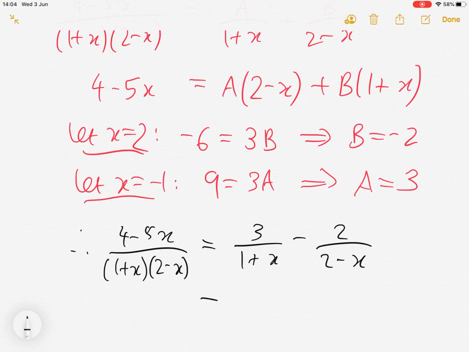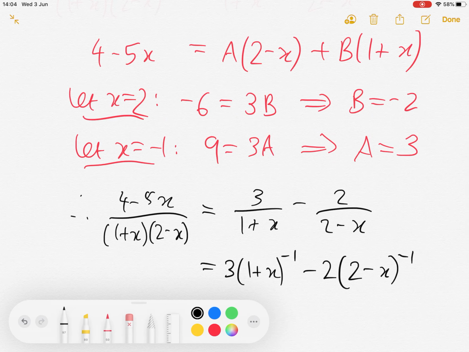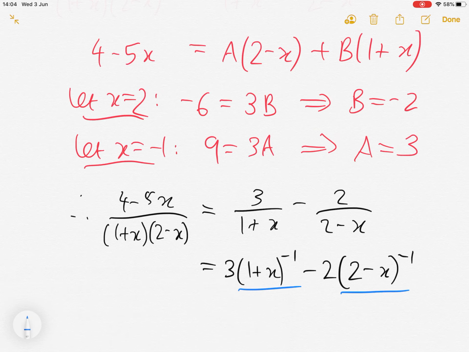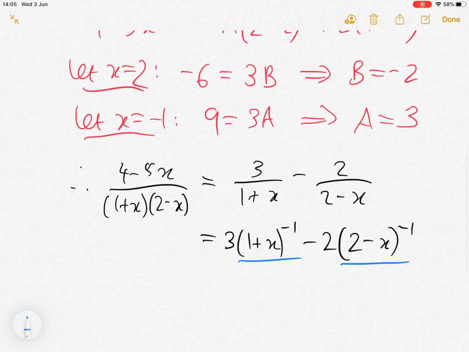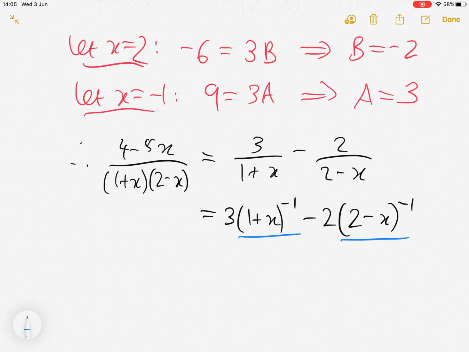So now we can use the binomial theorem to do something with these two fractions. We can write this as 3 lots of 1 plus x to the minus 1 minus 2 lots of 2 minus x to the minus 1. And then these two things here we can expand using the binomial theorem. So let's do them separately and then put them back in a minute. So 1 plus x to the minus 1, that's 1, and then the next term is nx, where n is minus 1, so that's minus x.